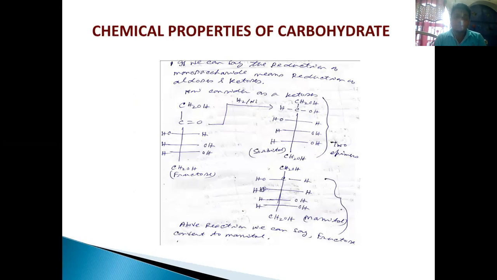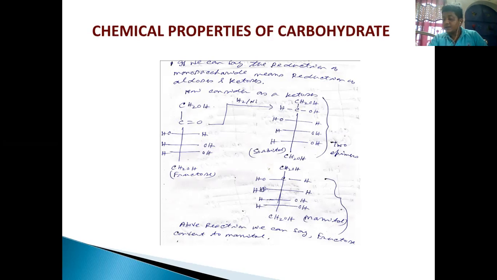In previous lectures I discussed monosaccharides. They have two forms, aldoses and ketoses. Now consider the ketose form, which contains a ketone group. Consider the structure of fructose, where at the C2 carbon there is a carbonyl group.